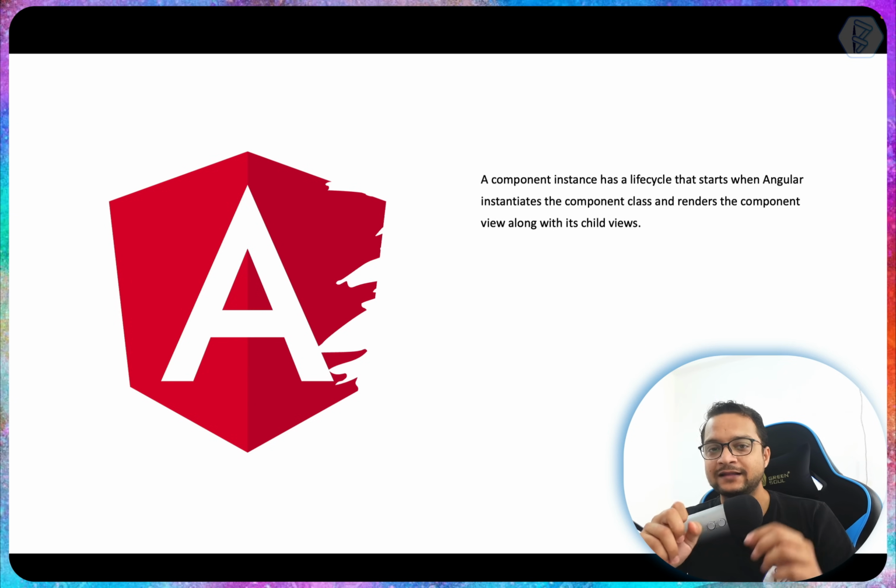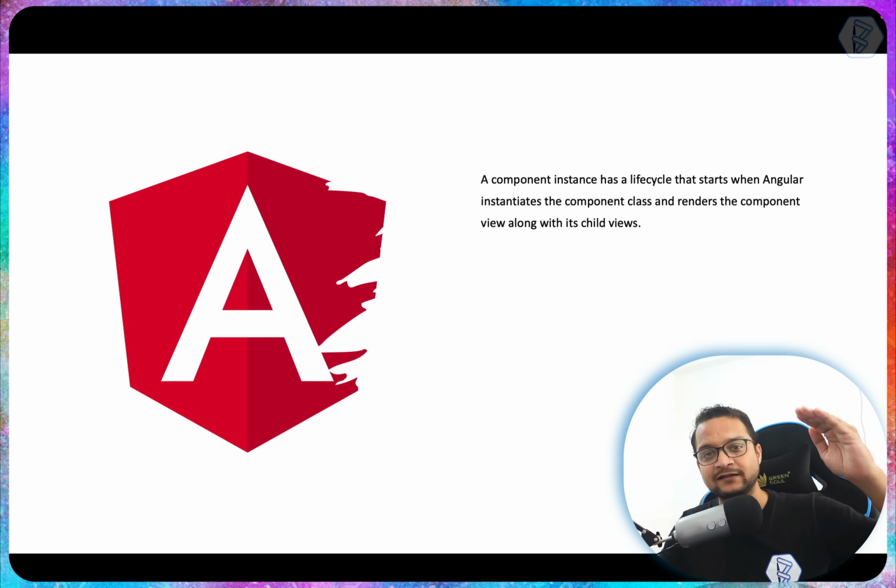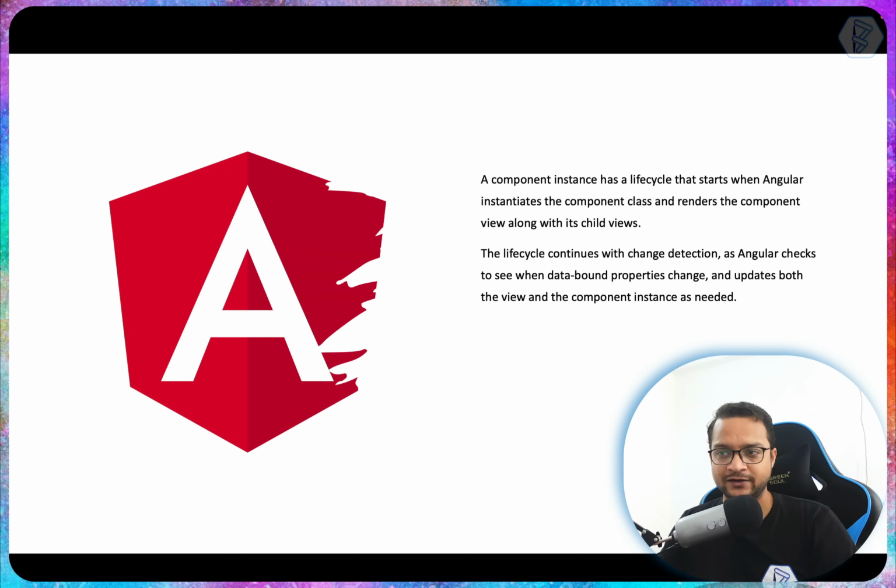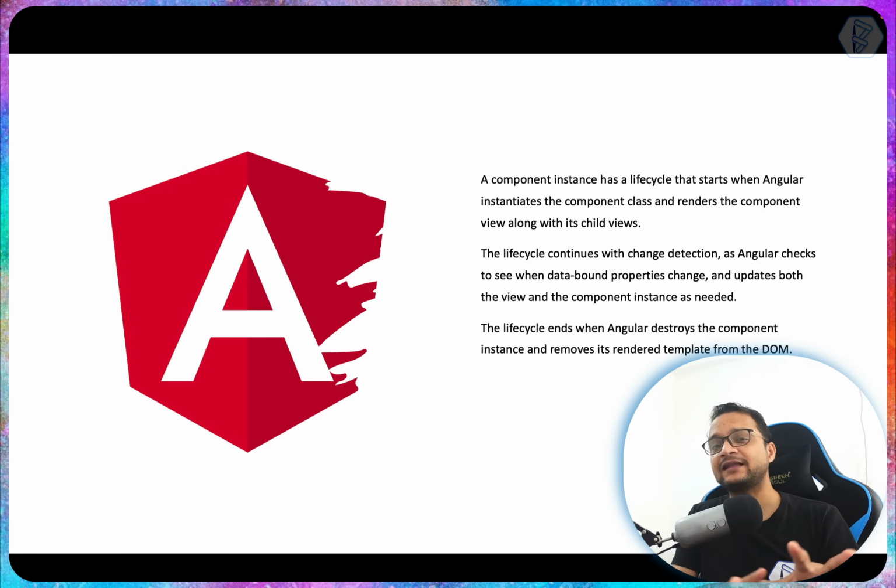What is a hook? That means at every step you can do something. So it's a life cycle of a component. A life cycle continues with change detection. A life cycle means if there is a change, that's also a life of the component. Then it updates all the view and component instance as needed. The life cycle ends when Angular destroys the component.